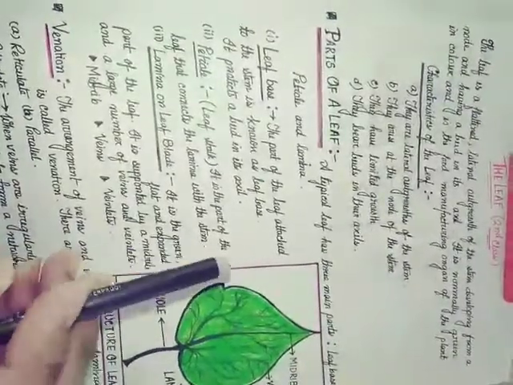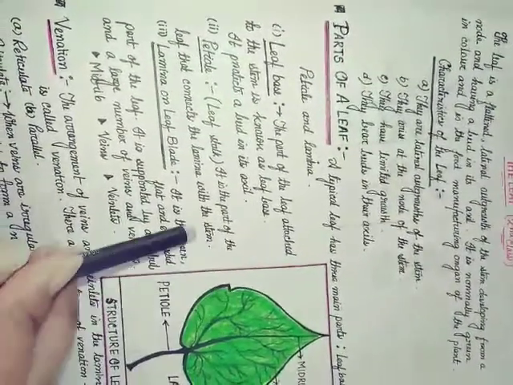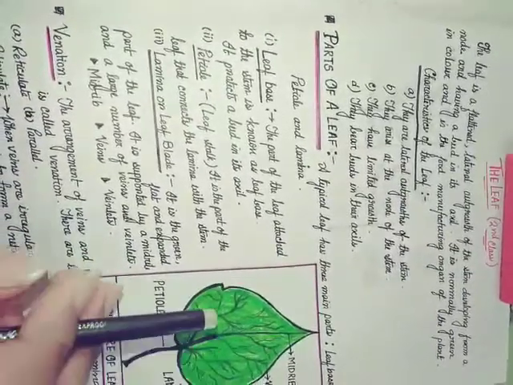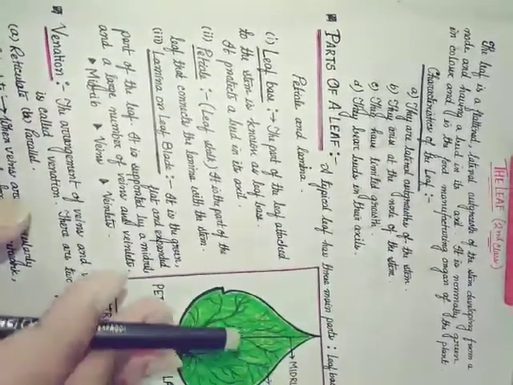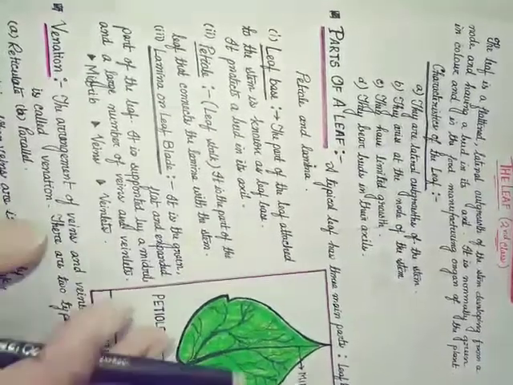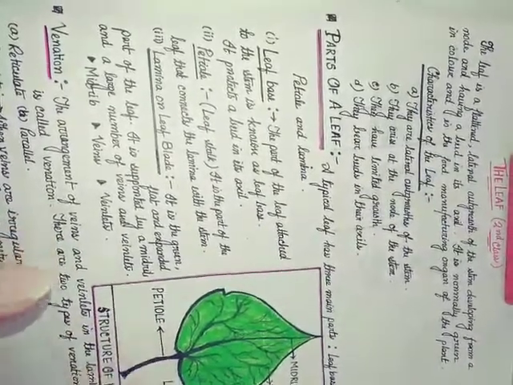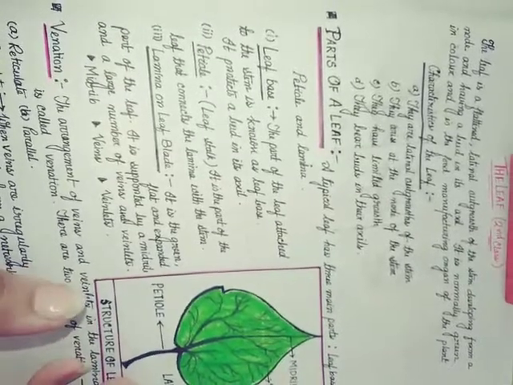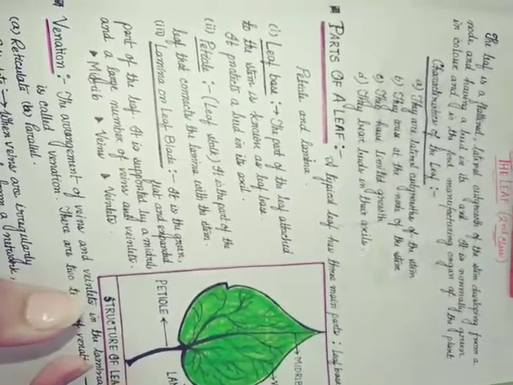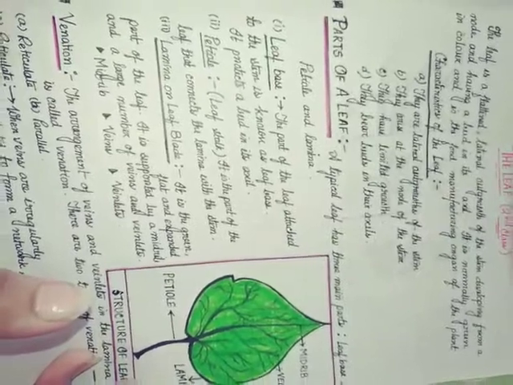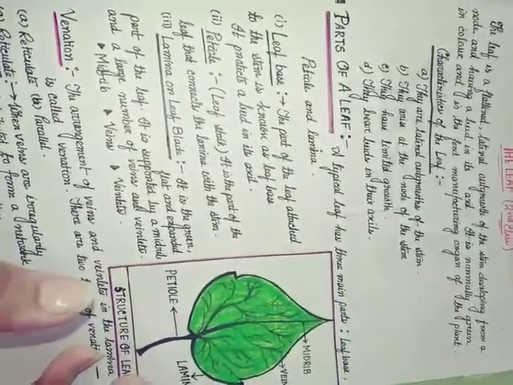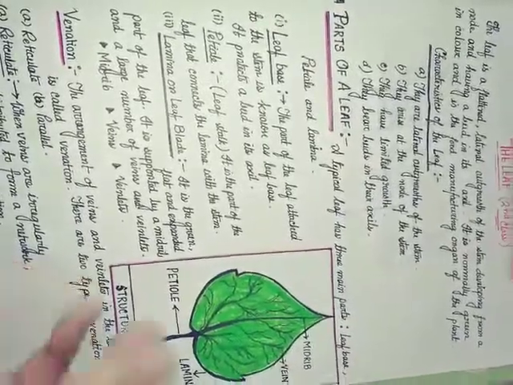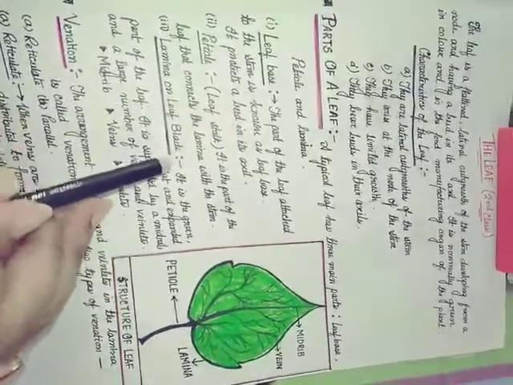Leaves with petiole are called stalked leaves, while leaves without petiole are called sessile leaves. Clear?